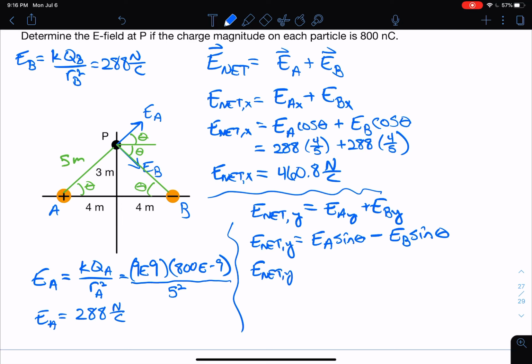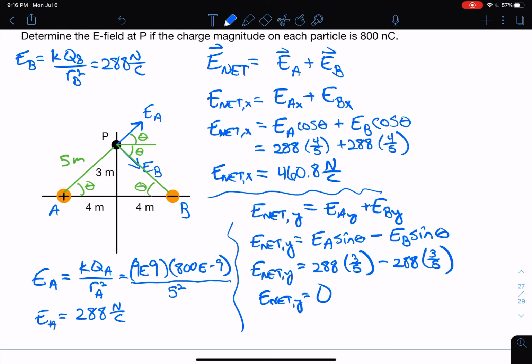And you might already see the punchline. I'm going to work through it all the same. The sine is the opposite over the hypotenuse. The opposite is 3, the hypotenuse is 5. Minus 288. And hopefully you can see here, I'm subtracting, both terms are the same. And so this means that the net y component is 0. The y component of the net electric field is 0.